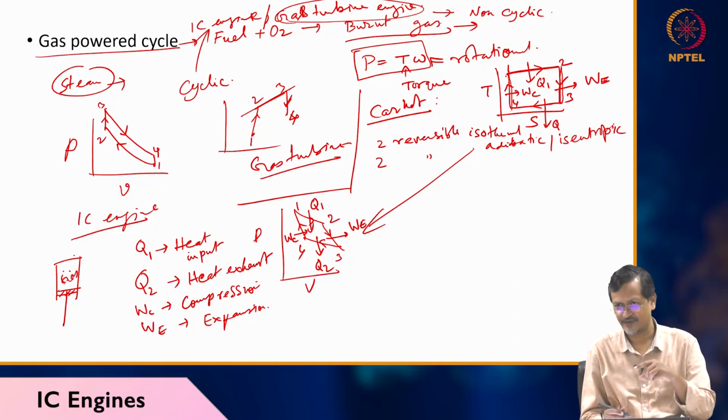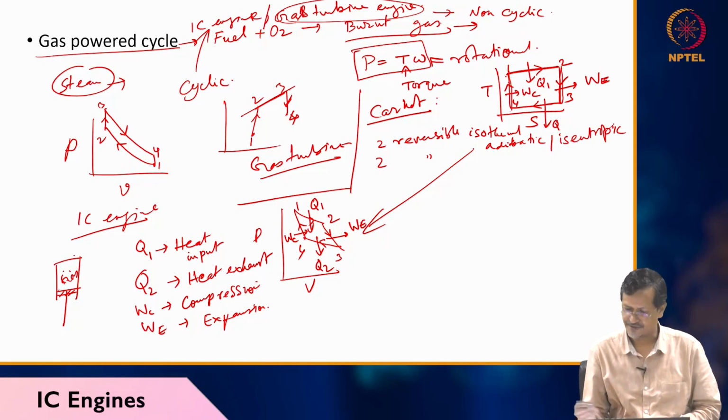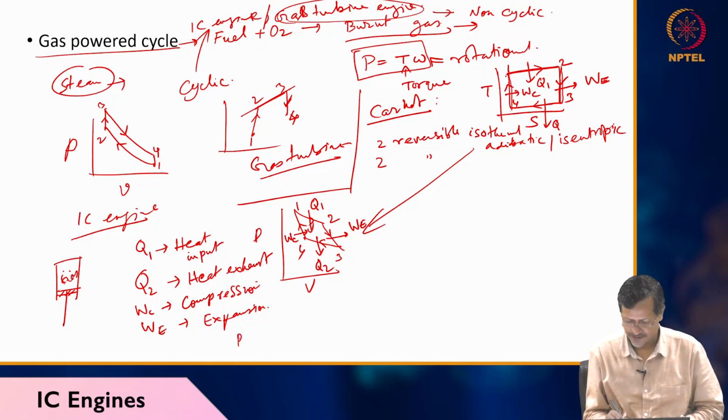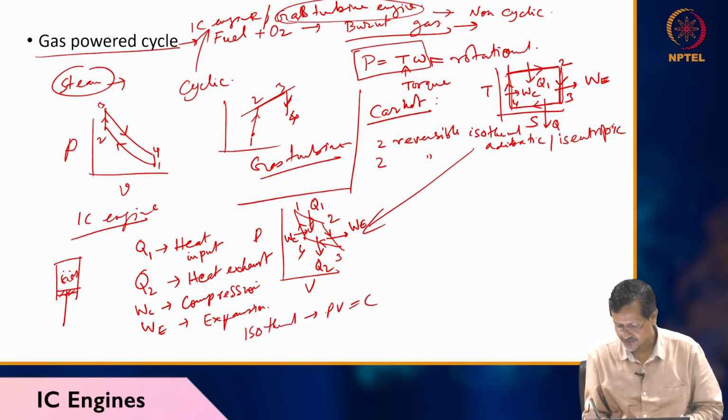When adiabatic, we say PV to the power gamma equals constant.